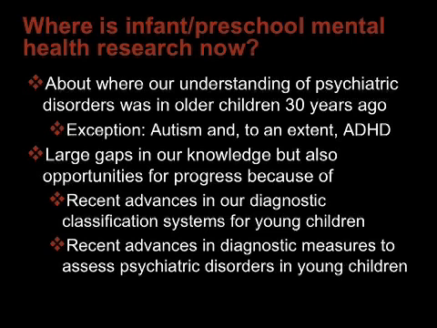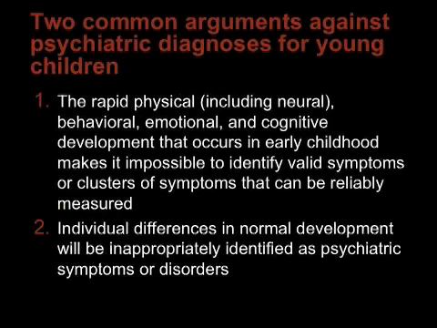Now, there have been 2 common arguments made against the idea that we can diagnose psychiatric disorders in young children. The first one is that little children are changing so rapidly across multiple domains, physical, neural, behavioral, emotional, cognitive, that there's no way that we're going to be able to measure symptoms or that they will be valid or stable enough.